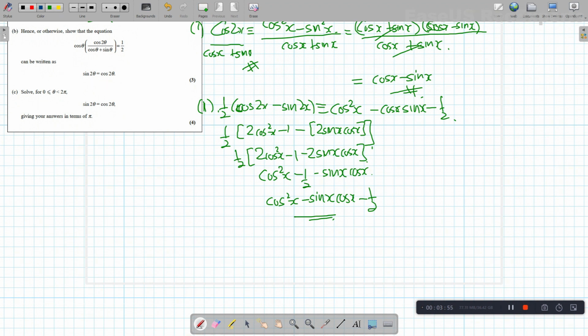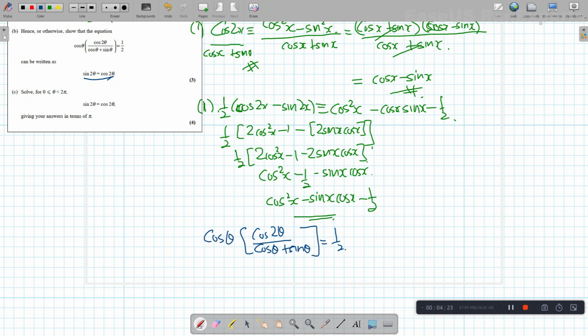So we have cos theta times (cos 2 theta over cos theta + sin theta) equals half, and we have to show that it can be written as sin 2 theta equals cos 2 theta, or the other way around. So let's work this.